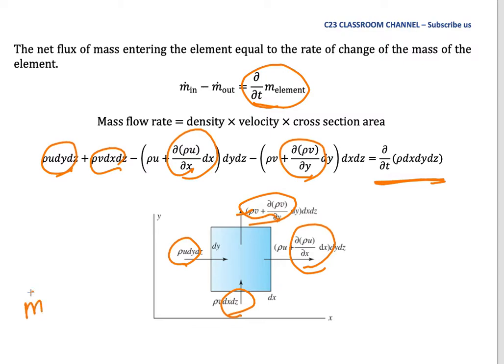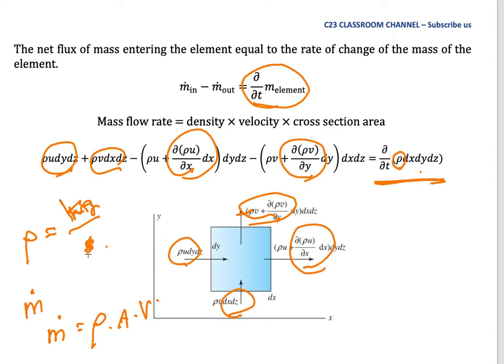Okay, the mass flow rate is in kilograms per second, and the idea of mass flow rate is rho, A, and V. Here rho is the density, and dx dy dz is the volume.